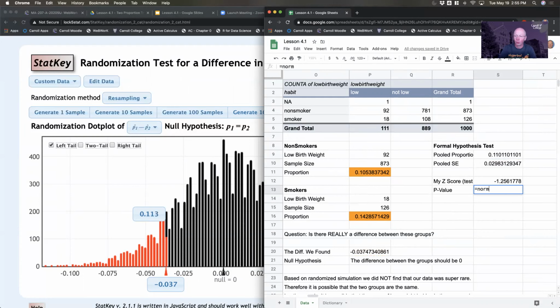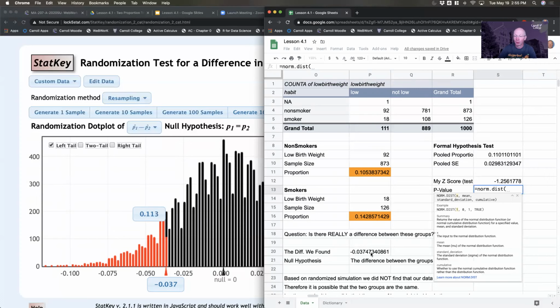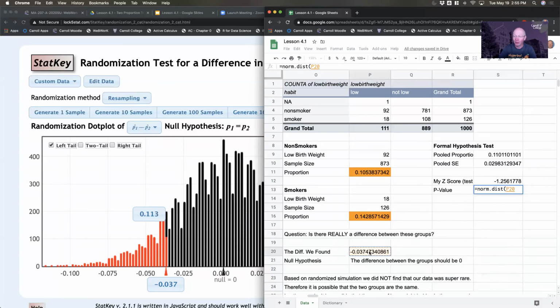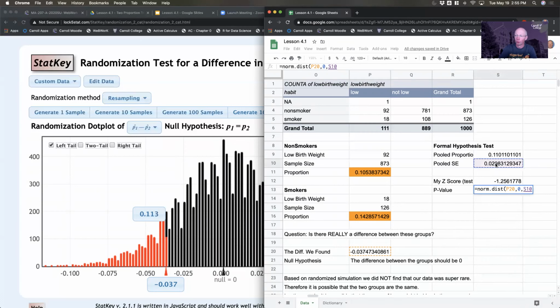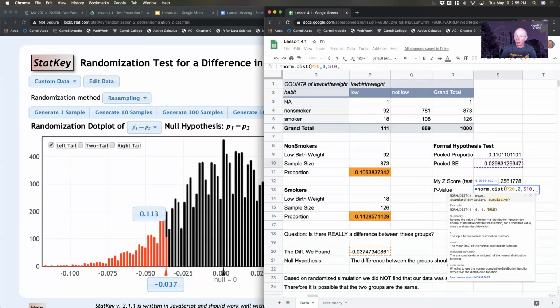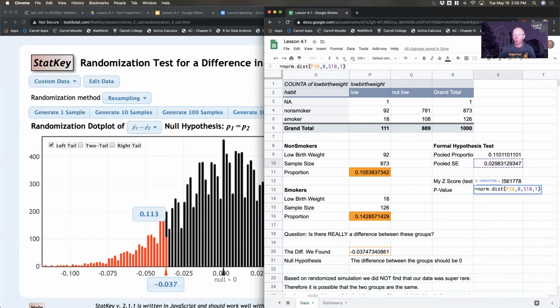So that is NORM.DIST of my difference, comma, the mean, which is the center of my sampling distribution, that's 0, comma, the standard deviation, the spread of my sampling distribution, that's my pooled standard error, comma, 1, because on the normal distribution we are accumulating area. And hey, look at that, it's close to about 11%.